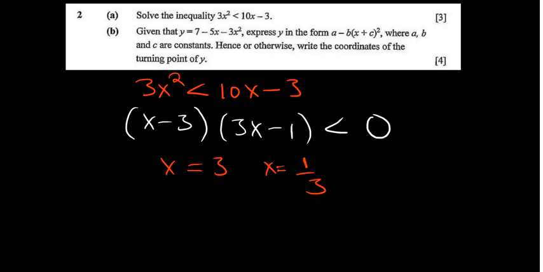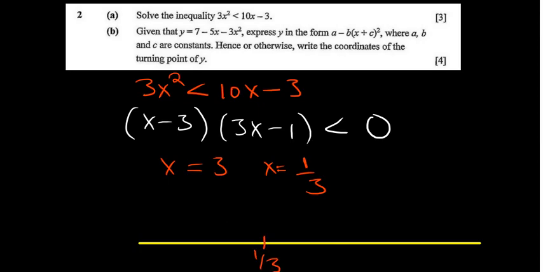Let's come up with a number line. So we have 1 over 3 somewhere here, and then you've got a 3. So let's try the middle part. 1 over 3 is less than 1, so 1 is somewhere between 1 over 3 and 3, right?